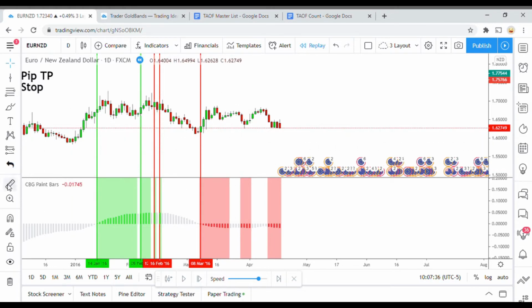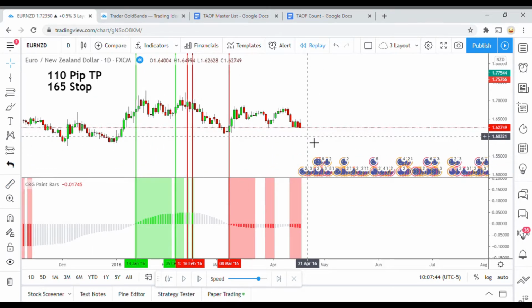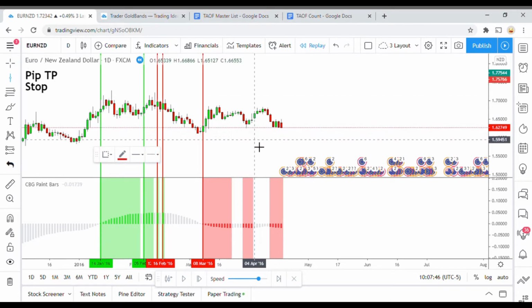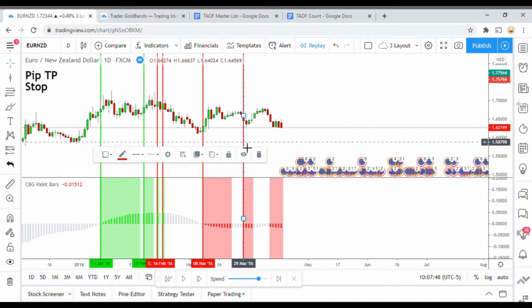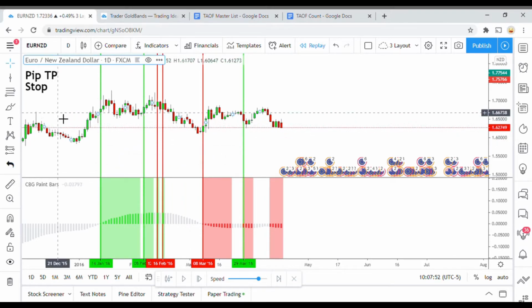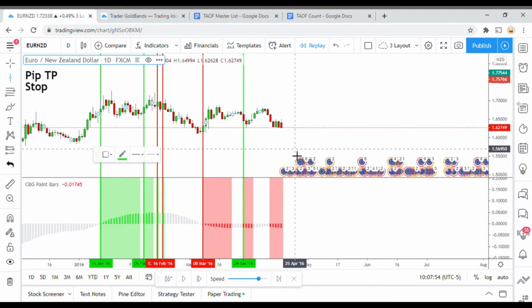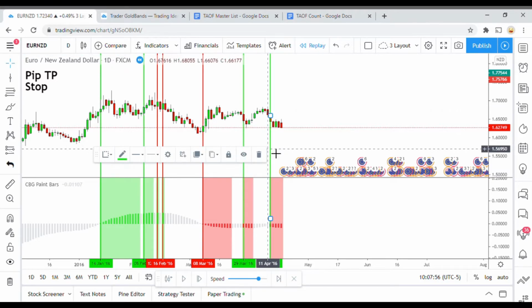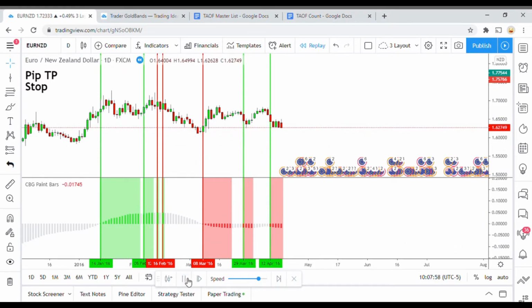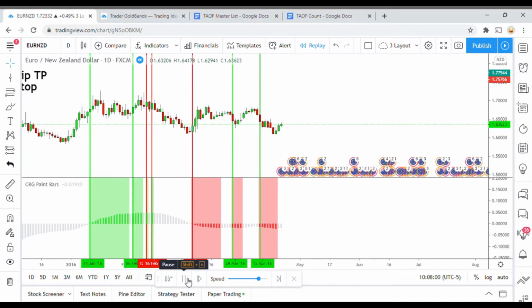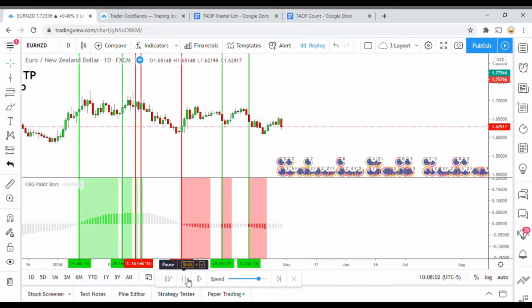That is a completely valid way of doing it. Let's see, we get a short there. That one worked out for us. We also get a short back here. That one worked out for us as well.